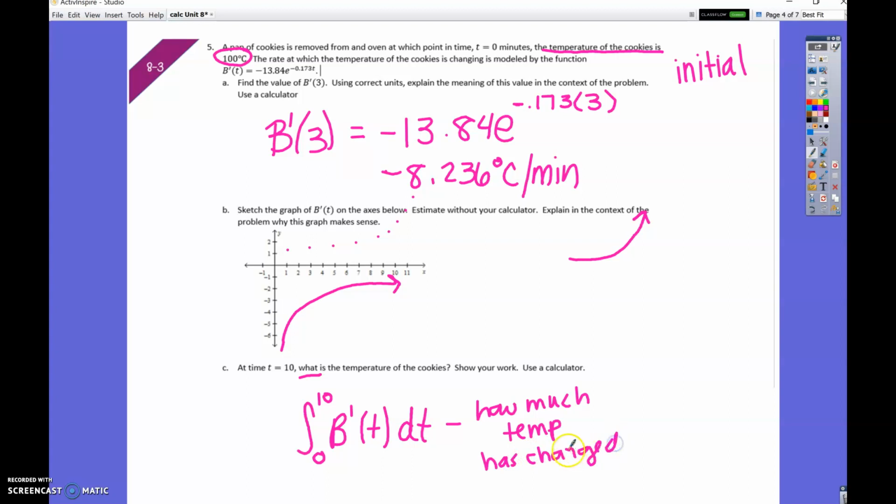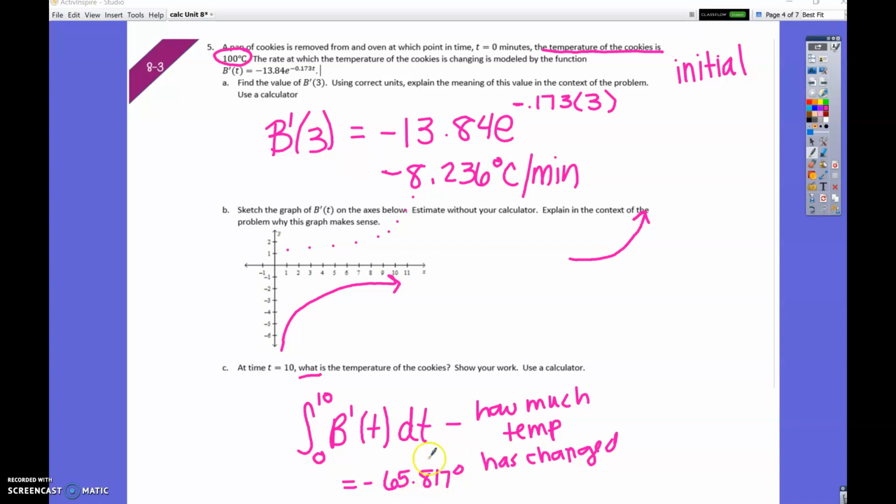So when we do that, we would use our calculator and find our solution to be negative 65.817. Notice the 3 decimal places as good practice for the AP exam. Now, that is how much the temperature has changed in 10 minutes, but they ask what the final temperature is. Remember, first of all, it wouldn't make sense to have a negative 65 degree cookie.